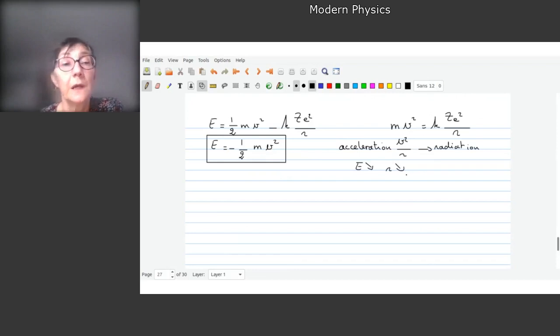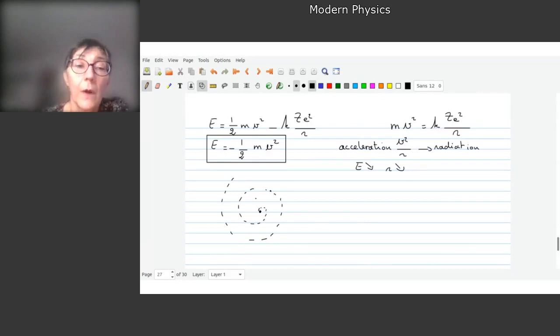Very quickly the electron will collide with the nucleus: initially you have your electron orbiting, radiating energy and approaching the nucleus and collapsing, so the atom doesn't exist.